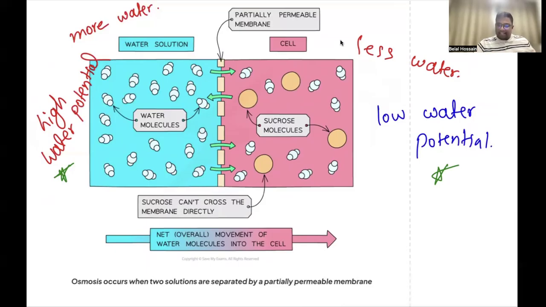Whereas on the right side, there are some sucrose molecules. This water has a low water potential because some sucrose is already dissolved in it, so we will not be able to dissolve many more sucrose molecules in that water. So in relative comparison, this receives a low water potential value. Making sense?